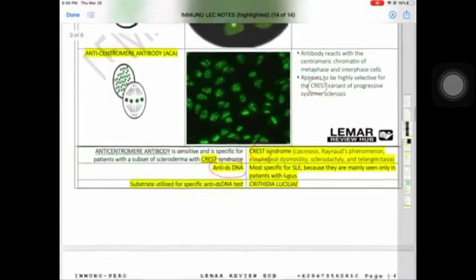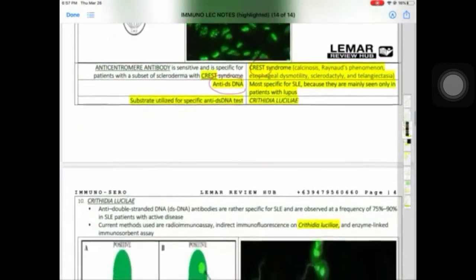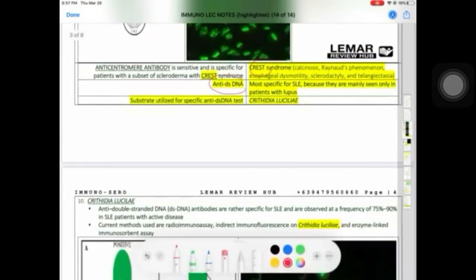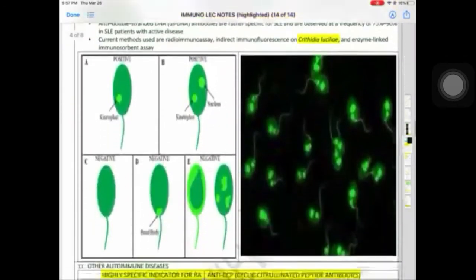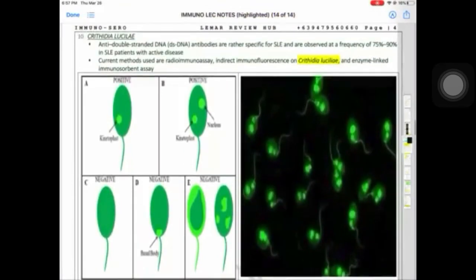And for the specific test for anti-double-stranded DNA, anong substrate? Huwag kakalimutan, Crithidia luciliae. Sa number 10, na-mention po natin ang most specific antibody for SLE is anti-double-stranded DNA. In the specific test for anti-double-stranded DNA, pwede po tayong gumamit ng Crithidia luciliae as substrate for the assay.